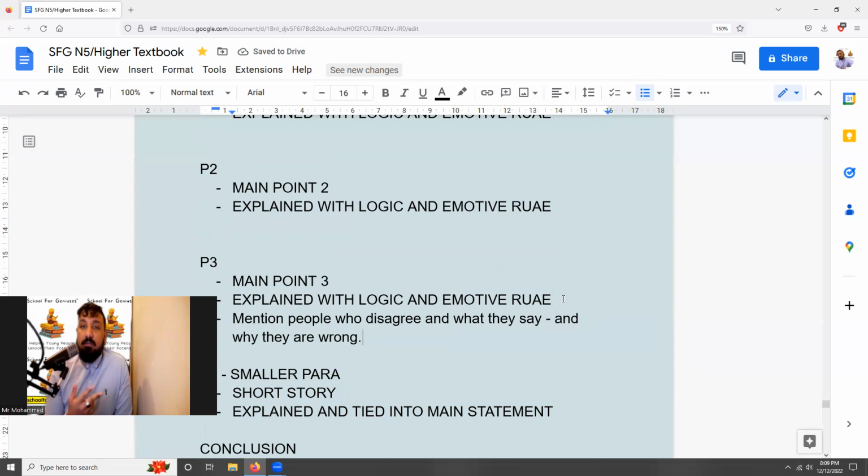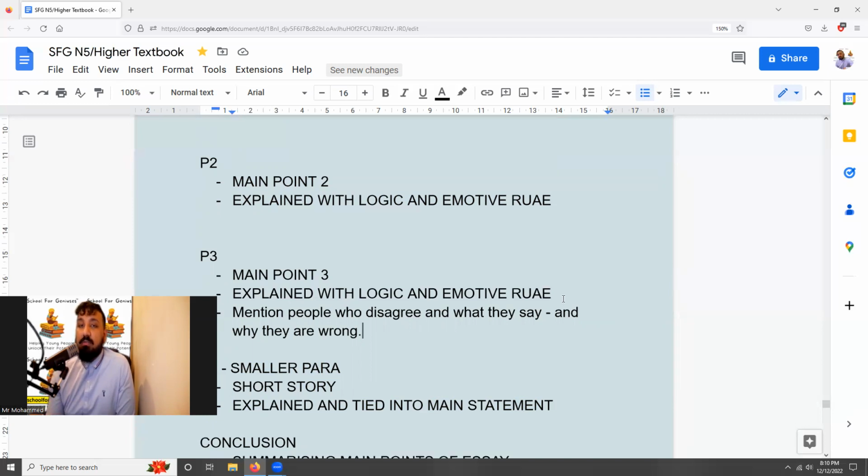So you can make the first two positive points for your argument, and then make the third one a rebuttal. So here is what the people who disagree with me say. You could say something like, people who are for animal testing will say this, this, and this. And then you take each of them apart and explain why the people who disagree with you are wrong. That would make your essay very good.